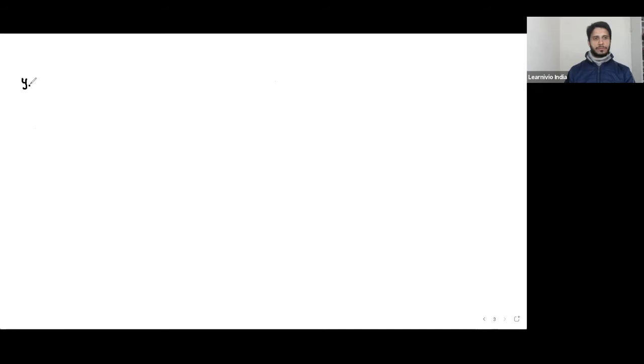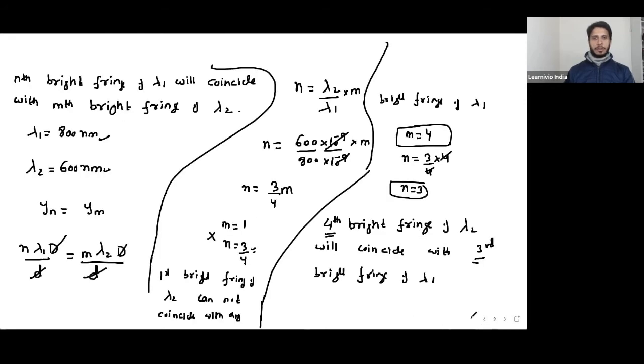Now, if they coincide, then you can easily calculate y3 and y4. You need the separation. So y3 will be 3 lambda 1 D by d. If I'm taking n equal to 3, n corresponds to lambda 1, and lambda 1 is 800.